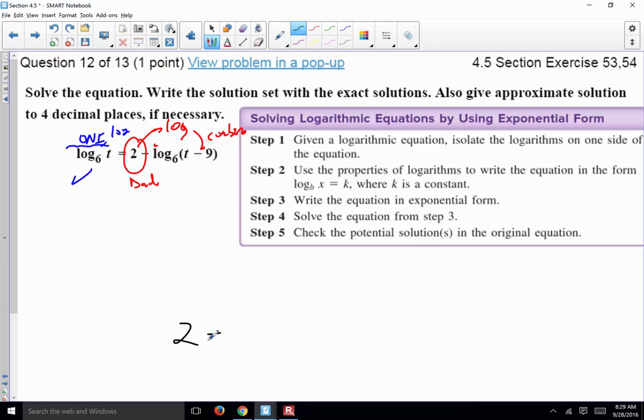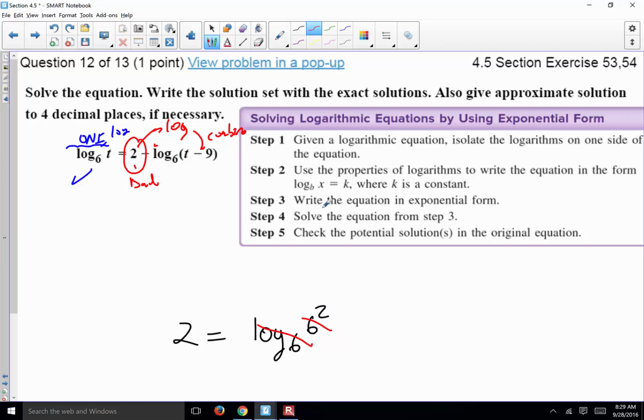Do you know that 2 is actually logarithm base 6 of 36? Can I write it like this? Isn't this true? 2 equals this. So I can make a big base 6 log with 36 inside, and I can combine these and make my earlier work okay.